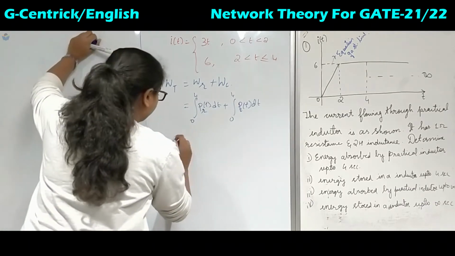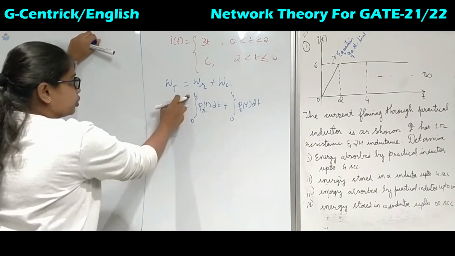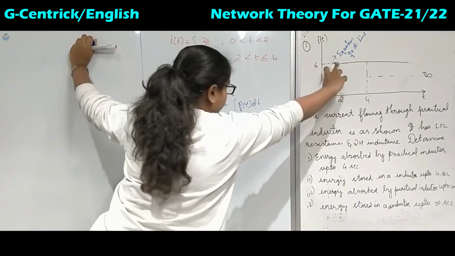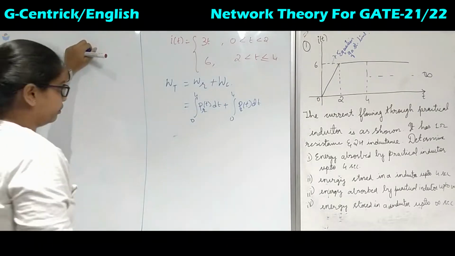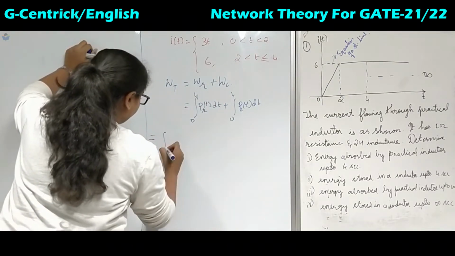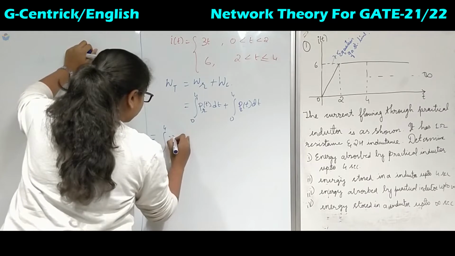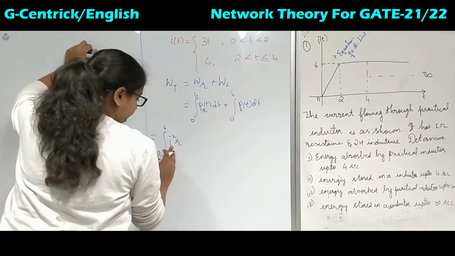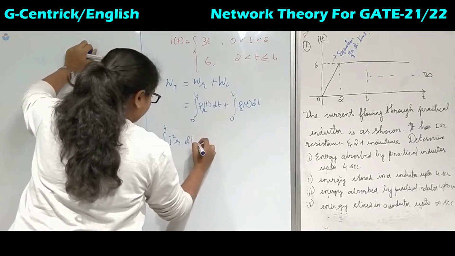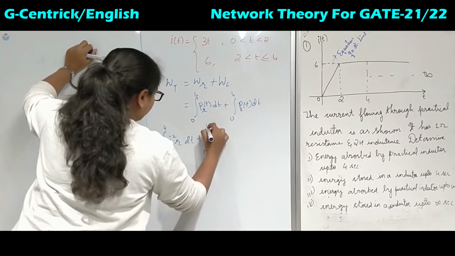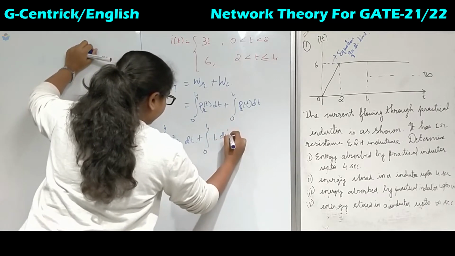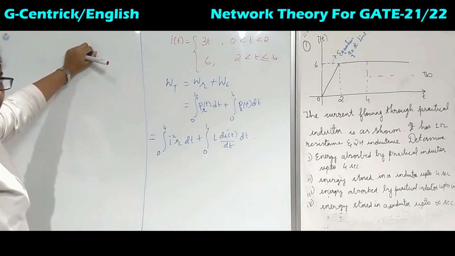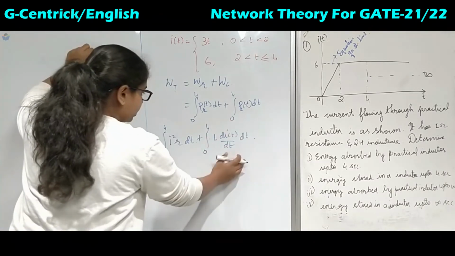Okay. So now we can even split this 0 to 4 limit into 0 to 2 and 2 to 4. That is because from 0 to 2 there is one behavior and from 2 to 4 we have another behavior. So I will write: integral from 0 to 4 of I square R dt, because power is nothing but I square R, plus integral from 0 to 4 of L di/dt into I dt. Yes, this is the formula for the inductor.